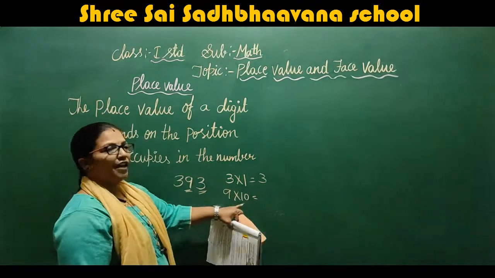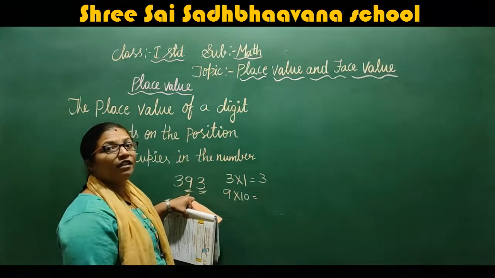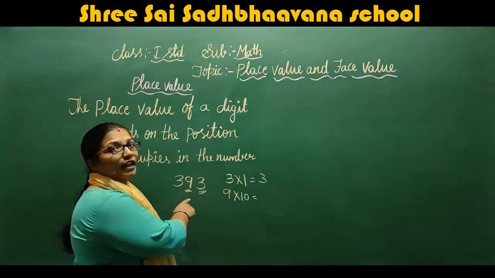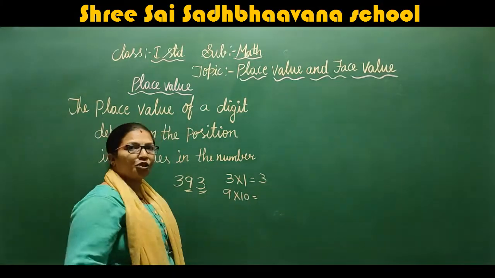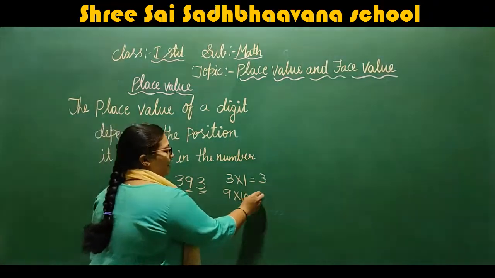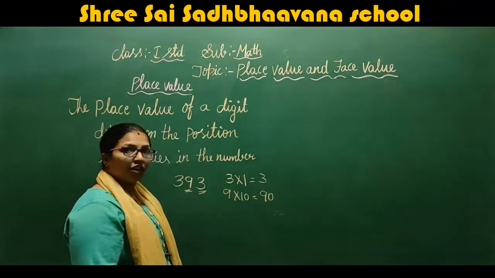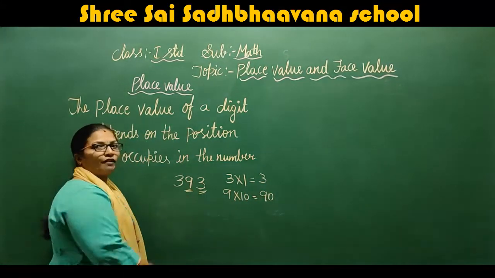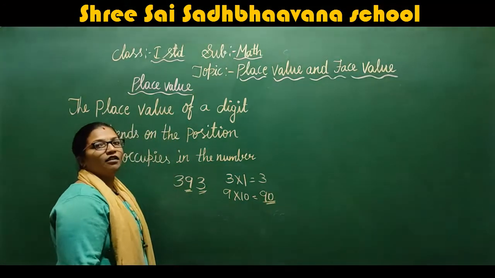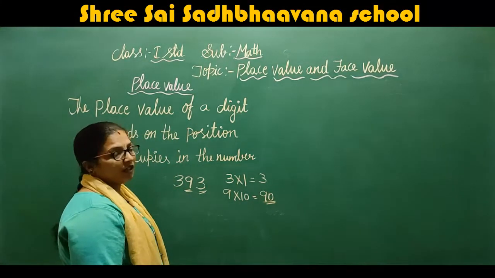Why have I written 10 here? Because the 9 is in the tens place. 9 into 10. What are 9 tens? 9 tens are 90. So what is the place value of 9 here? The place value is 90.